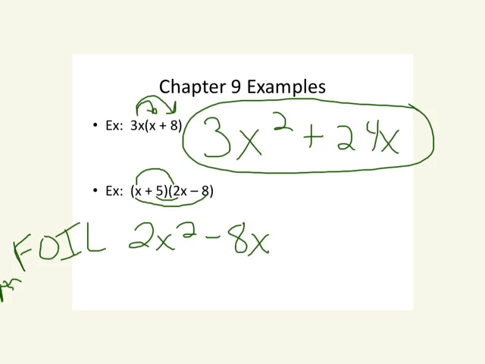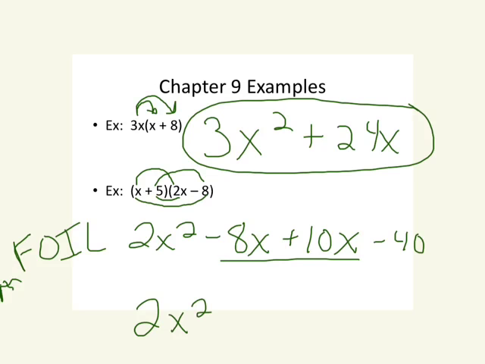Then you go inside, 5 times 2x to get 10x. And then you do last, 5 times negative 8 to get minus 40. Then the two middle terms are like terms, they can be combined. So your final answer would be 2x squared plus 2x minus 40 is your final solution there.